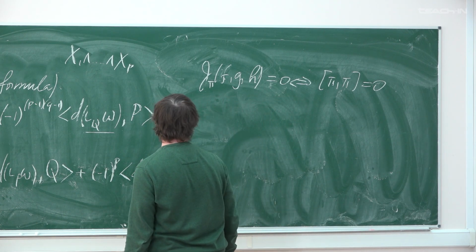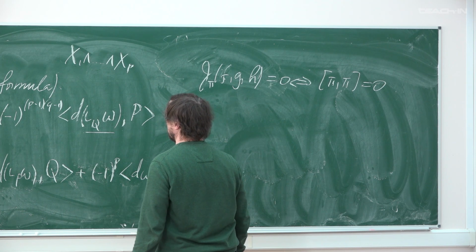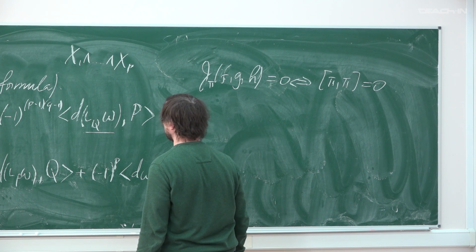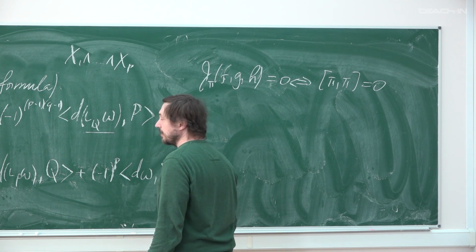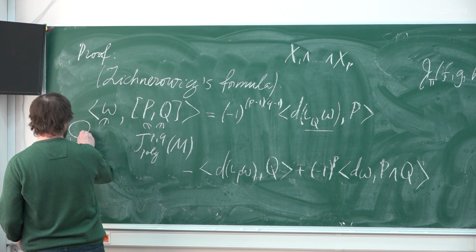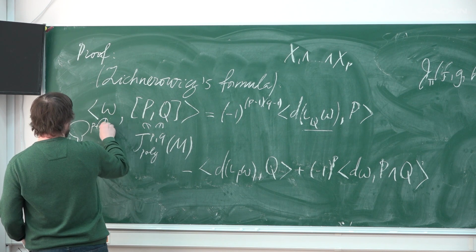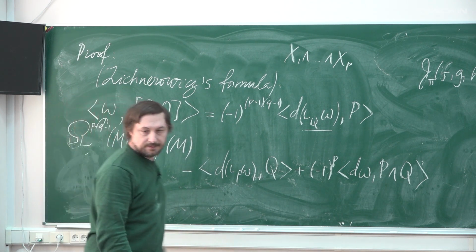So what we do. Here, omega is a p plus q minus 1 form, so that this pairing is well defined.